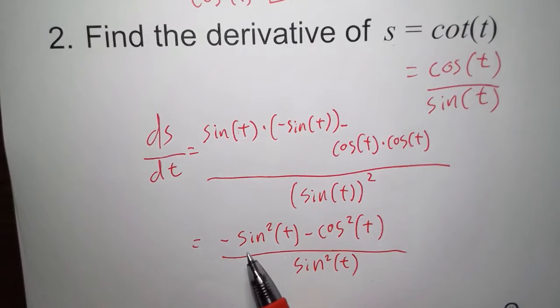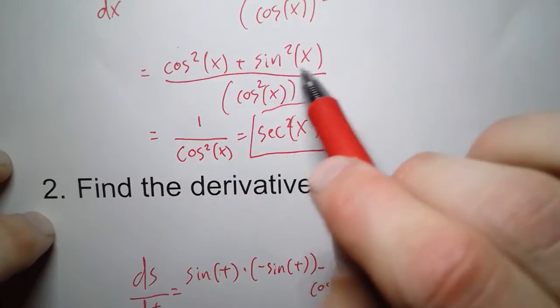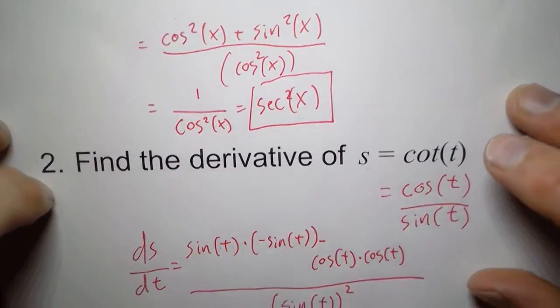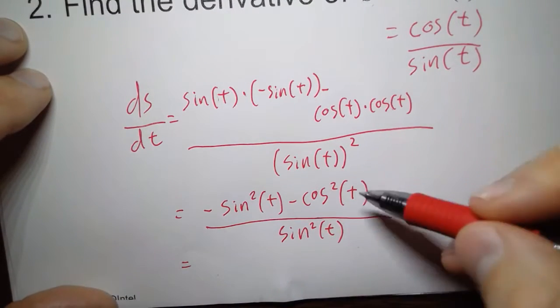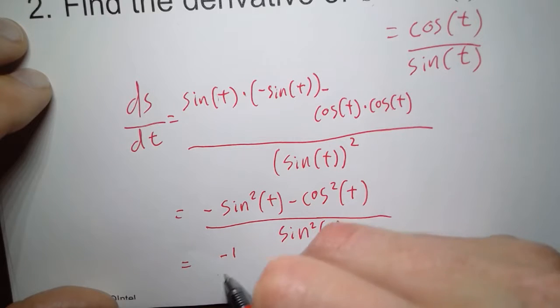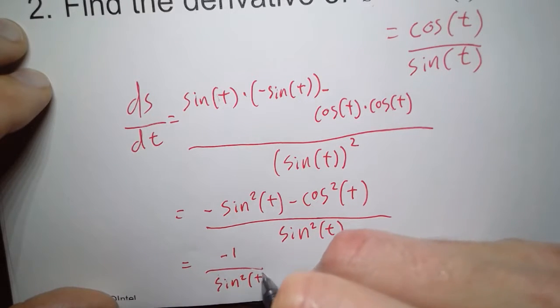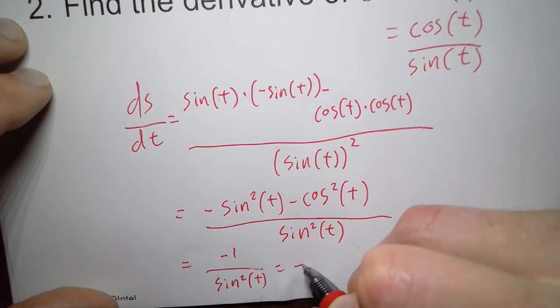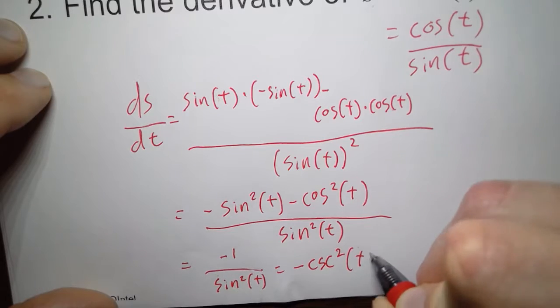Now here we have negative sine squared and negative cosine squared, whereas in the first one we had positive sine squared and cosine squared. That equaled 1 up there, so down here this is just the opposite. So this will equal negative 1 over sine squared t. And so this will equal negative cosecant squared of t.